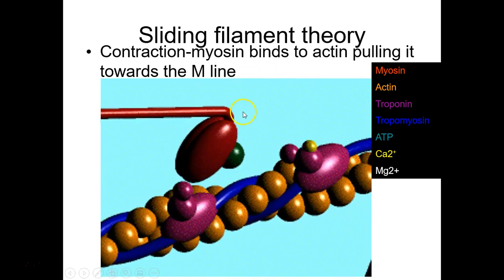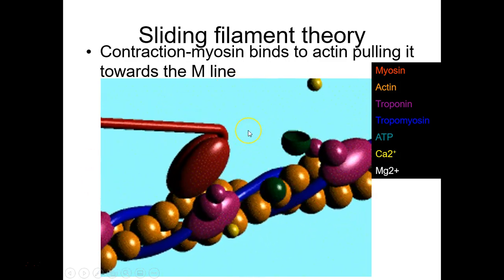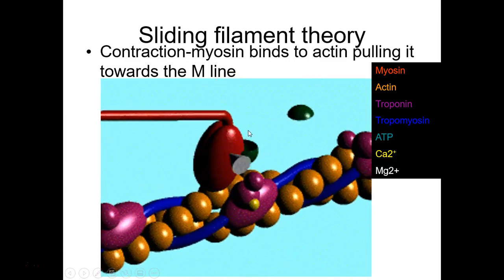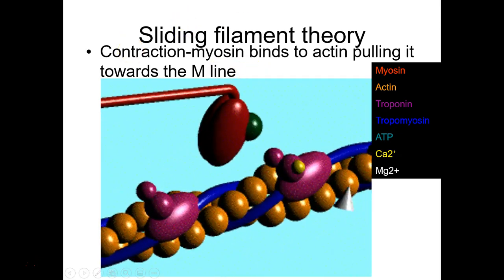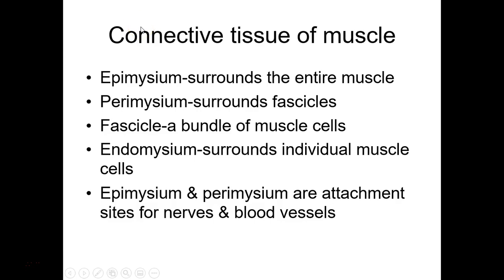A couple of things on here that we didn't really talk about. Well, we did a little bit on one of them. That's ATP, the green that's in the head of the myosin. There's a pocket in the little head of the myosin, and the ATP fits in there.